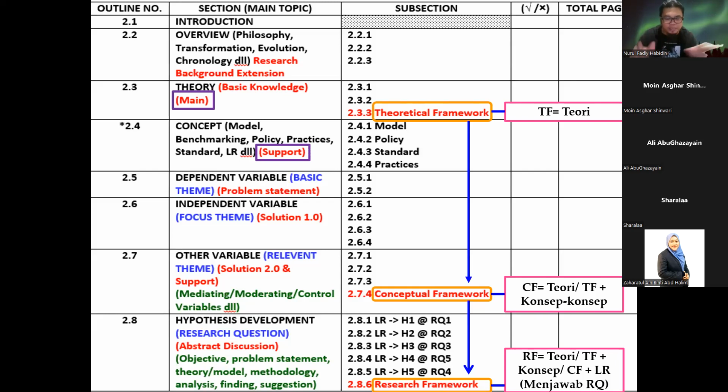Because this is a very short table, I just put H1 or research question number 1. From your research question number 1, please copy and paste it in 2.8.1. Please find literature review to support your research question number 1 or hypothesis number 1.